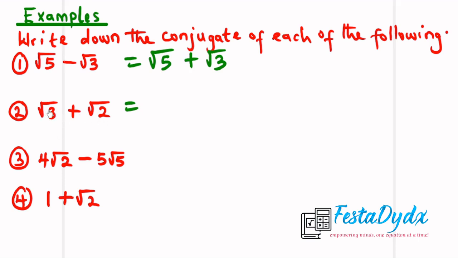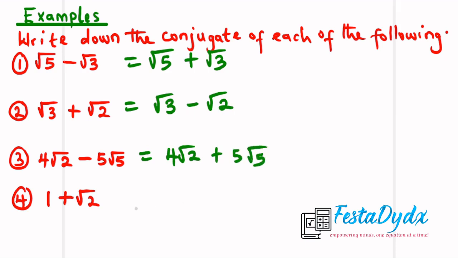The conjugate will be negative, because this plus is going to be minus. So root 3 minus root 2. For number 3, the conjugate is 4 root 2 plus 5 root 5. And then for number 4, which is the last here, it's going to be 1 minus root 2. So these are the conjugates of these surds.